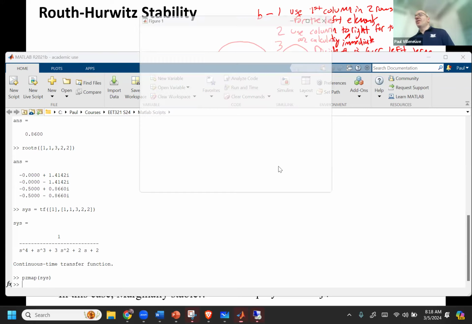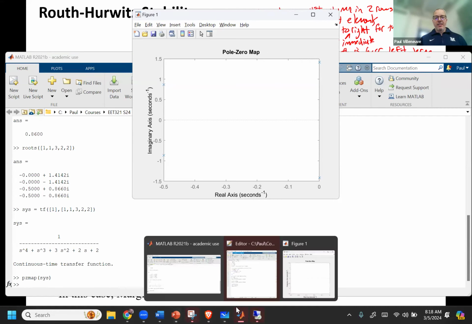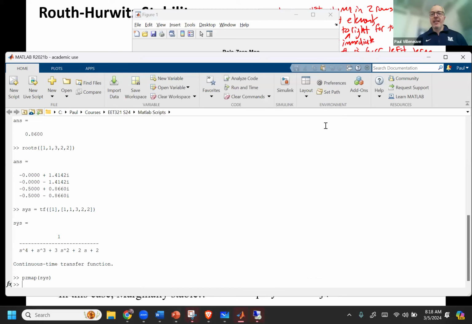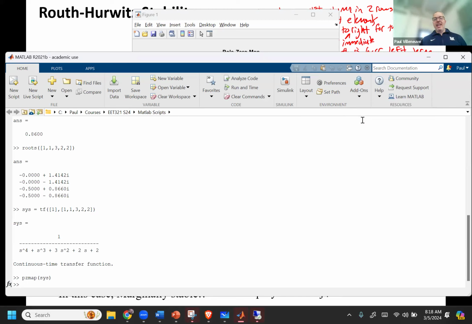Now you're all starting to see why I like to use MATLAB. You just have to have the Control System Toolbox. You don't need any additional software, just the additional toolbox. It's free if you are a student here. And the way to download it, if you go to MATLAB and go to add-ons, you can manage your add-ons or get add-ons.